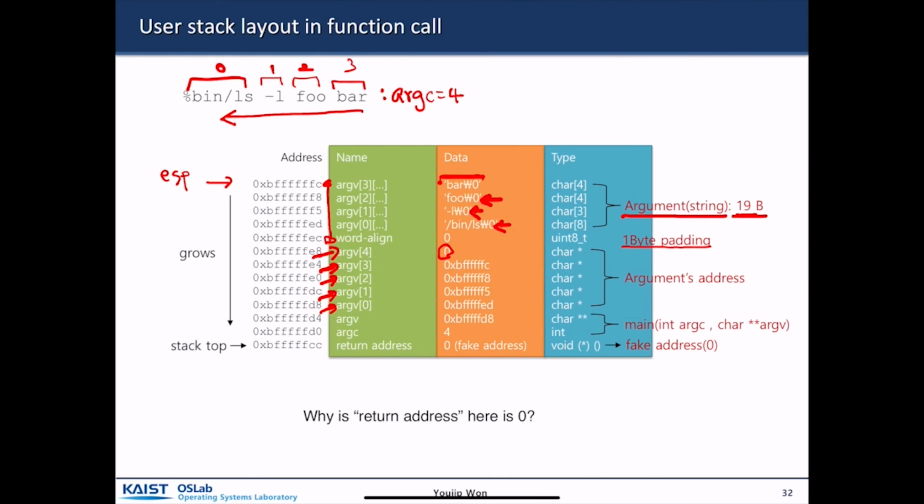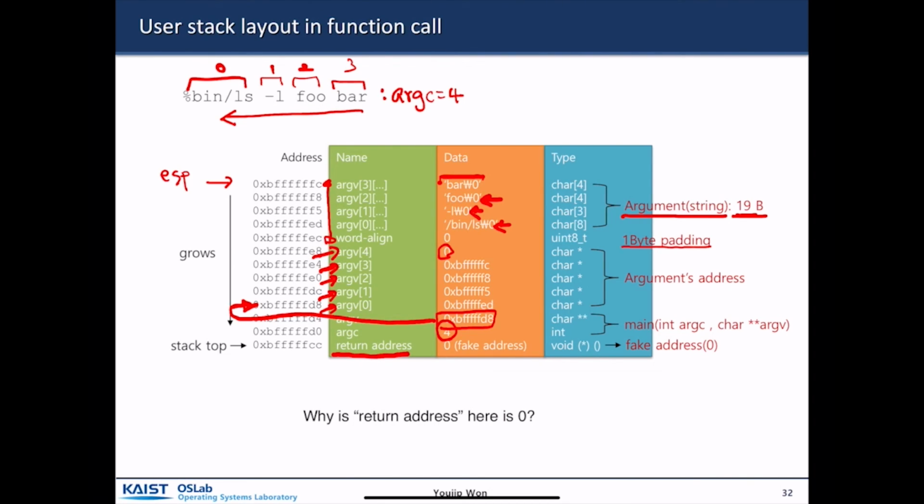Then you store the starting address of this parameter set, just represented here. Then you push the number 4, which is the number of arguments in this command line, and then you push the return address.